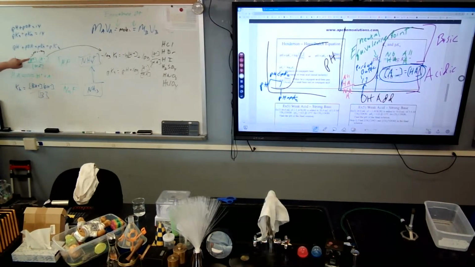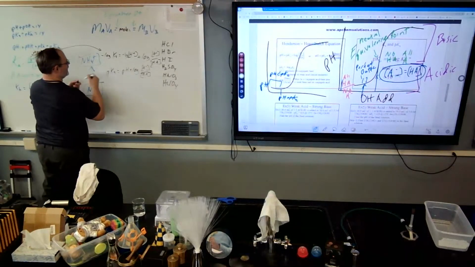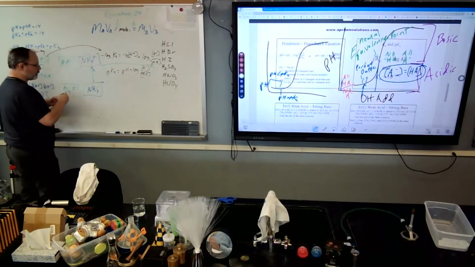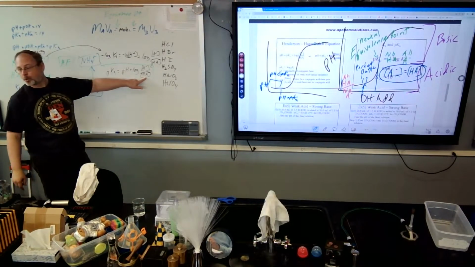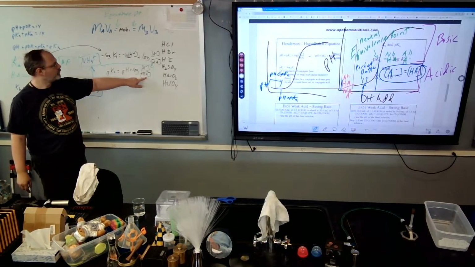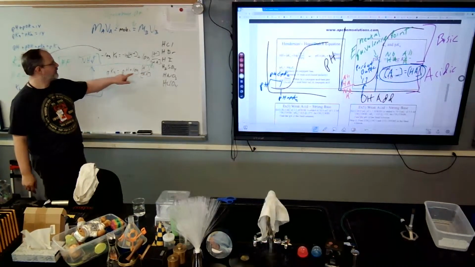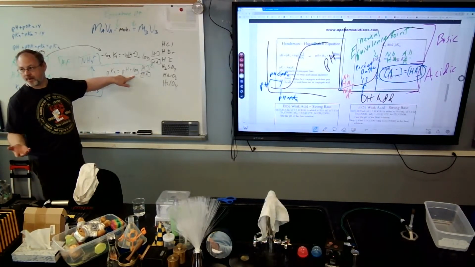There's the Henderson-Hasselbalch equation. So before that halfway point, you have more HA, which means this fraction is going to be less than 1, and the logarithm of less than 1 is a negative value.